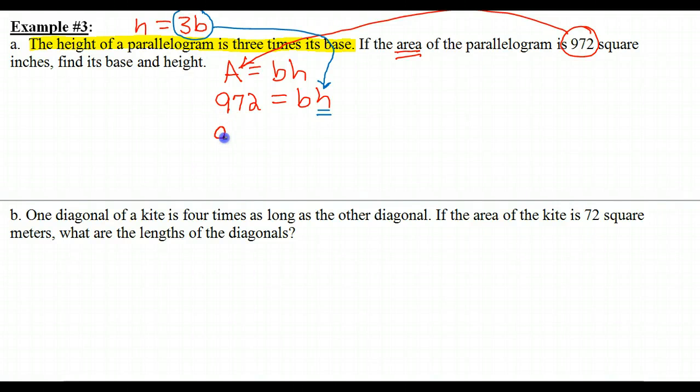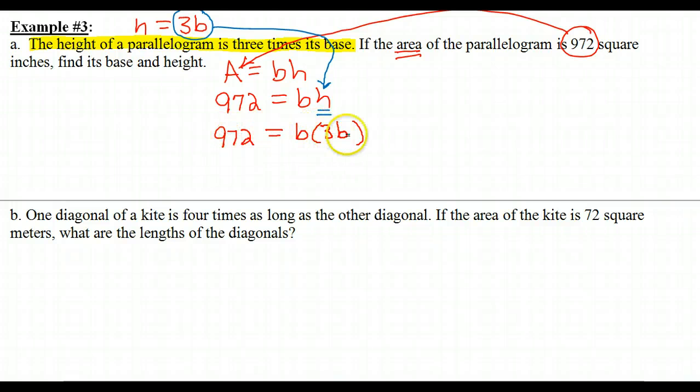So this would become 972 equals base. Now I'm taking out height, and instead, because height equals 3 times the base, I'm going to replace height with 3 times the base, 3b. The point of doing that is now I have an equation with only one variable instead of 2.